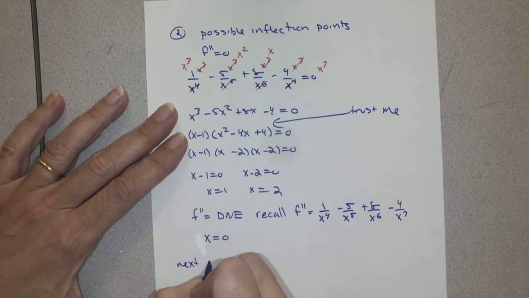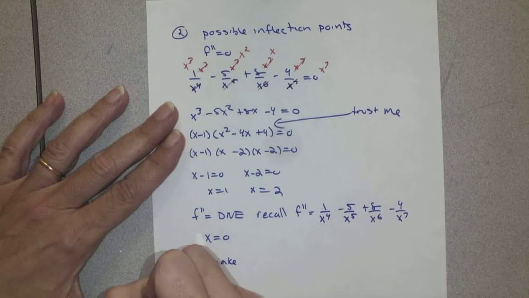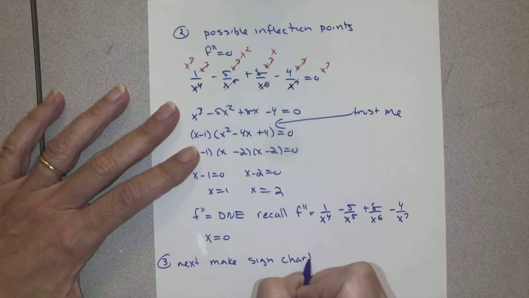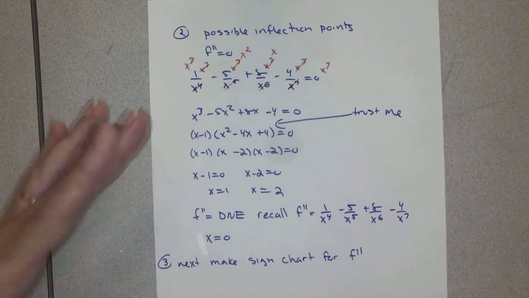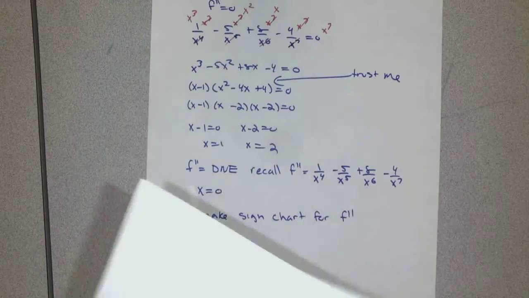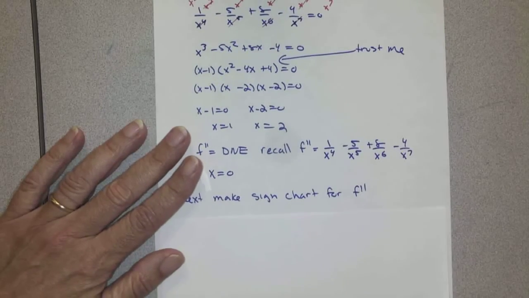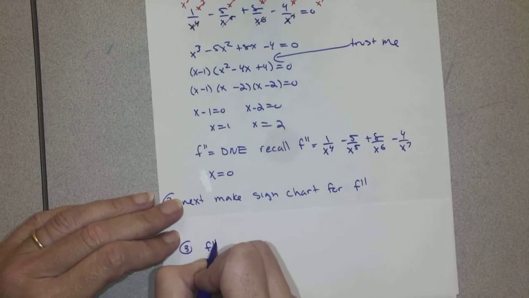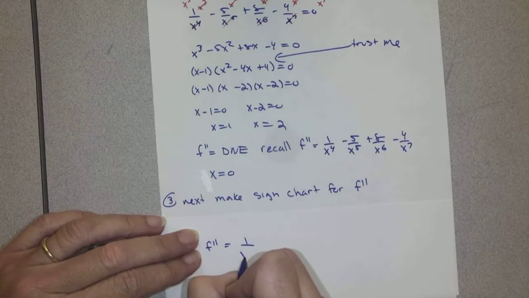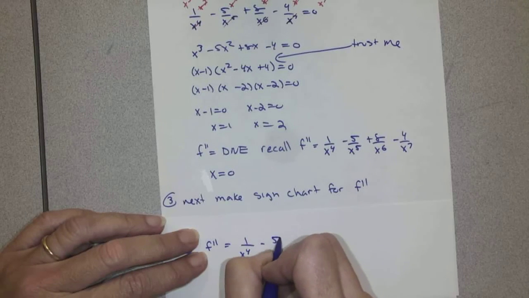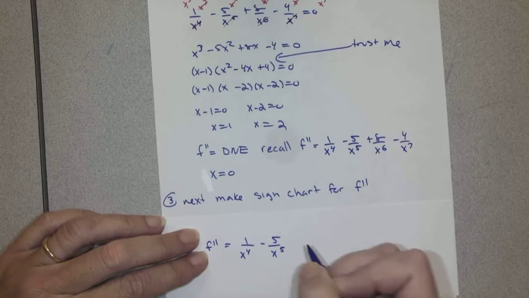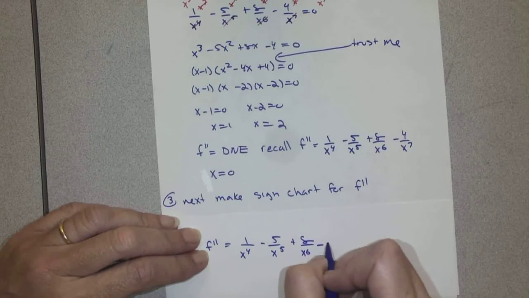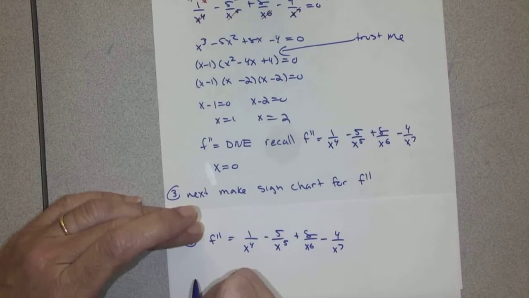So next, make a sign chart for f double prime. And we'll go ahead and do that on another piece of paper. So, f double prime was 1 over x to the 4th minus 5 over x to the 5th plus 8 over x to the 6th minus 4 over x to the 7th.